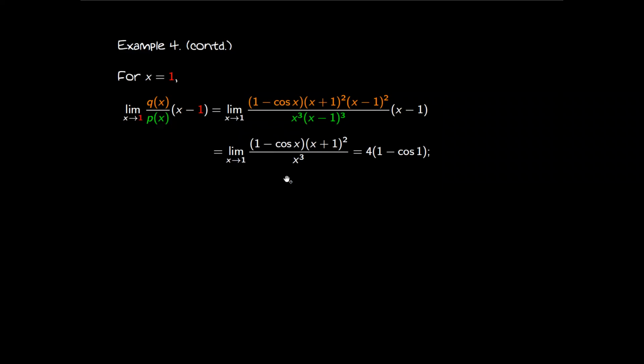And then you're going to end with something like this. And when x approaches 1, we know the denominator is not 0. So this whole thing is going to be well defined. So whatever you get from the function will be our limit. It turns out to be 4 times 1 minus cosine 1.